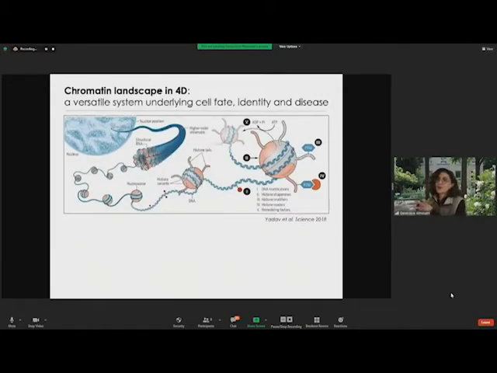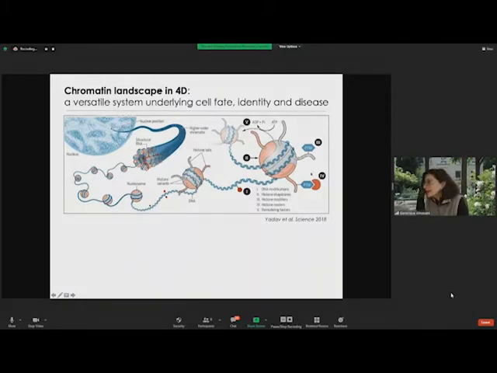As an introduction, and you've heard about this before, if we consider the chromatin landscape, it's important to see it in 4 dimensions, with both the 3D organization and time. Clearly it's a versatile system that underlies cell fate, identity, and disease. As depicted here, there are different levels of organization, ranging from the basic unit, the nucleosome, up to the positioning in the nucleus.